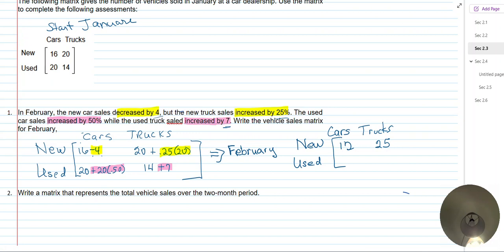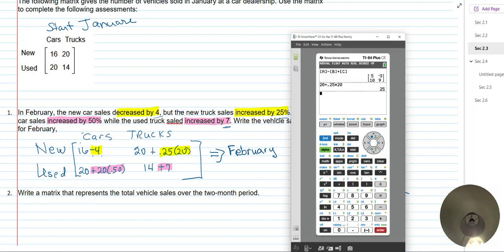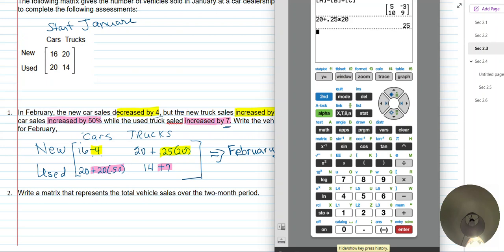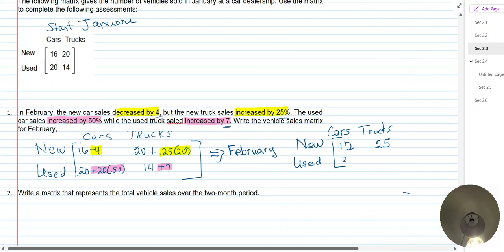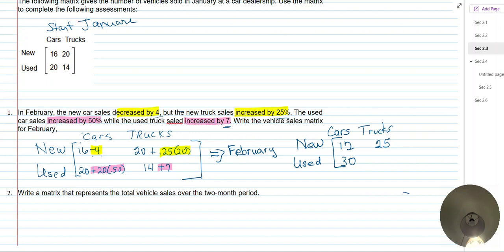And on the next line, we have an increase again of 20 plus 20 times the 50%. And I get 30. And the last part is 14 plus 7, which is 21.